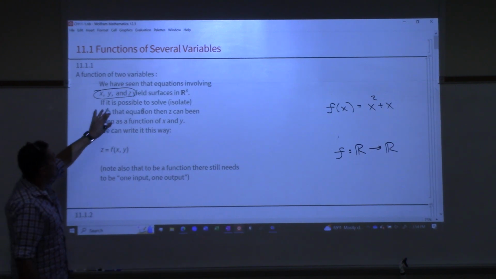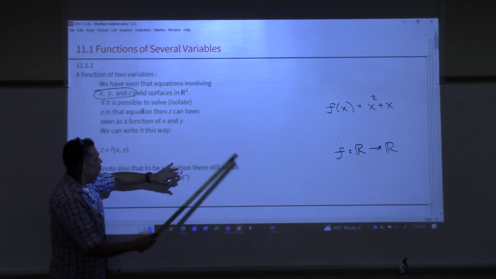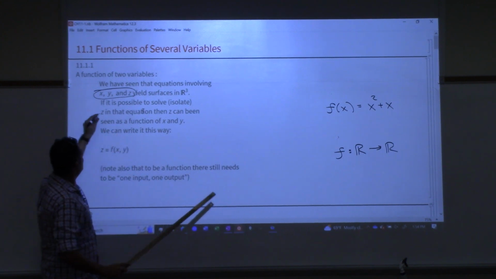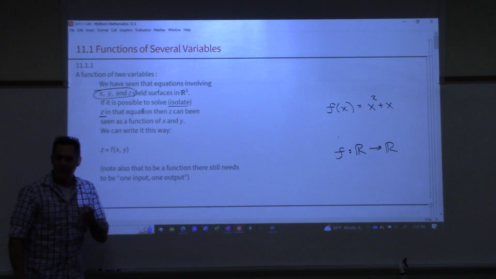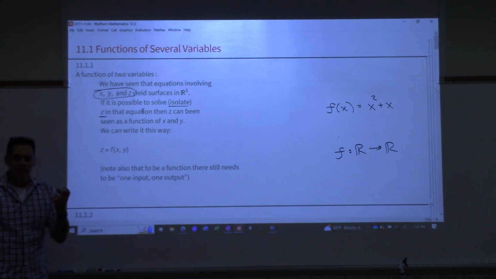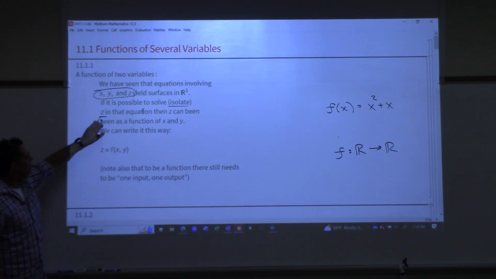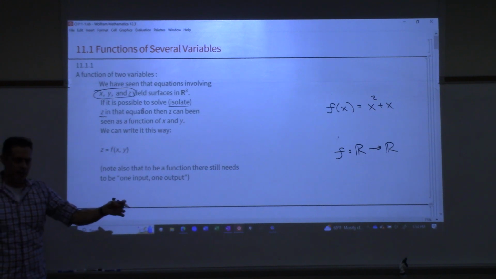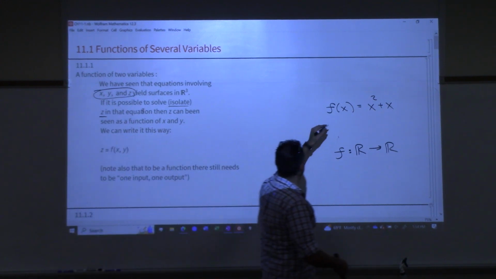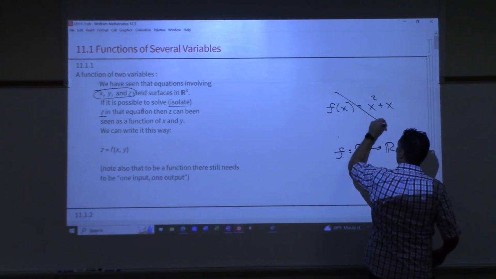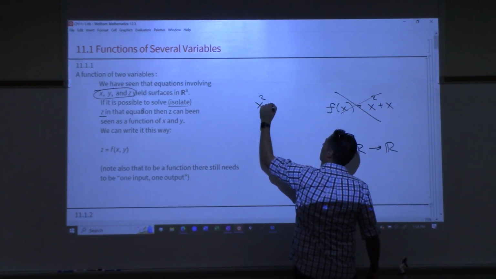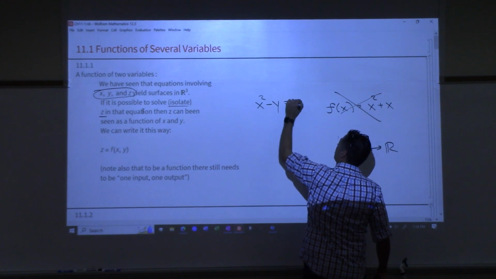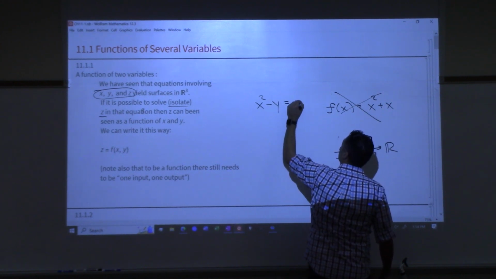Now, if we have an equation that has x, y, and z in it, whatever the equation is, if we can somehow isolate the z in the equation, if we can get it by itself, then we can say that z is a function of the other two variables. That's kind of like when I give you, let's say, x minus y equals negative x.